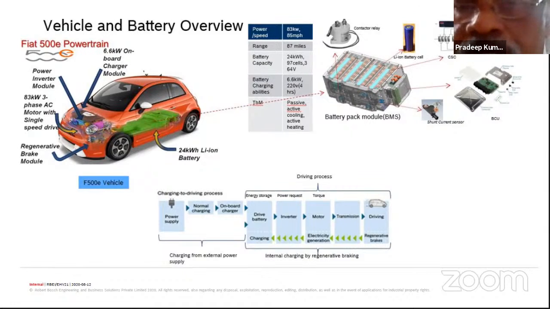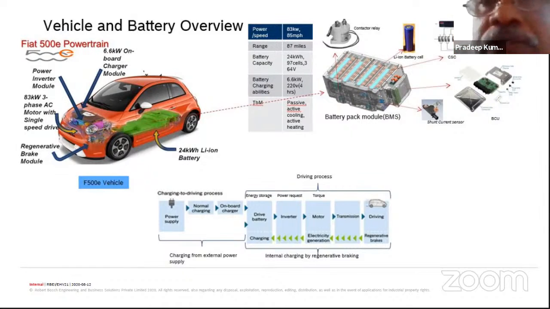It takes each individual cell's voltage measurement and passes it on to the BMS. As all these cells are connected in series, you require typically only one current sensor, but we typically provide two for redundancy purposes. This gives you the current flowing through the cells.